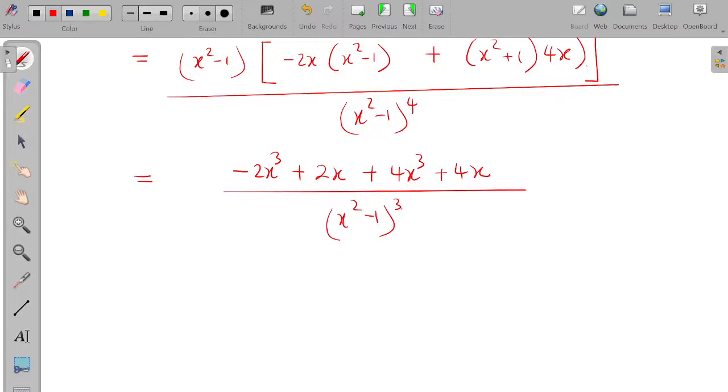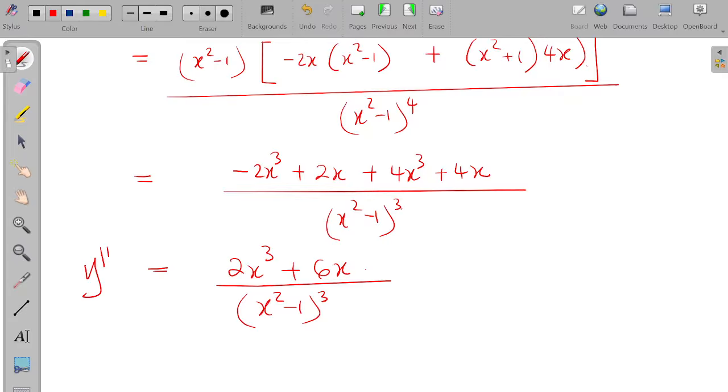Any constant? No constant. So up now this becomes 2x cubed plus 6x, all over x squared minus 1 cubed. That is what we have as our second derivative.